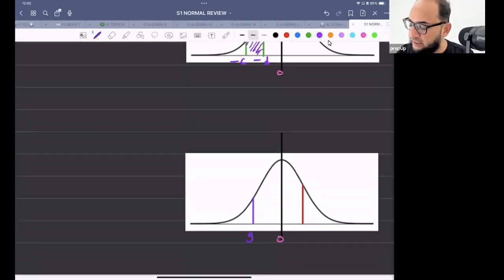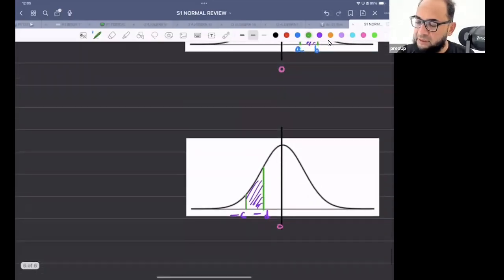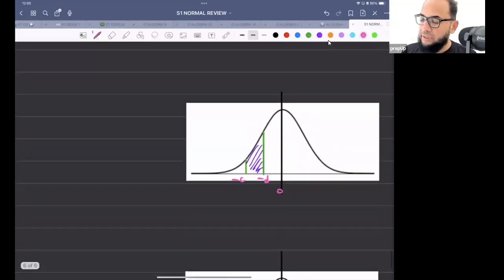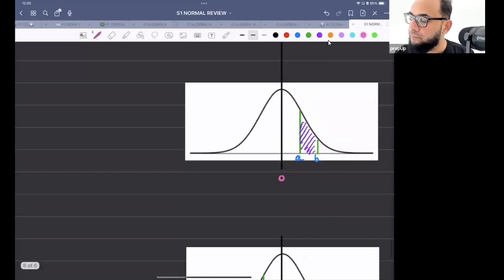This is G, this is H. We are looking for the area between these two. Let me use another color. Okay. So this is AB. Over here, this is negative C, negative D. So now there are three more rules over here.